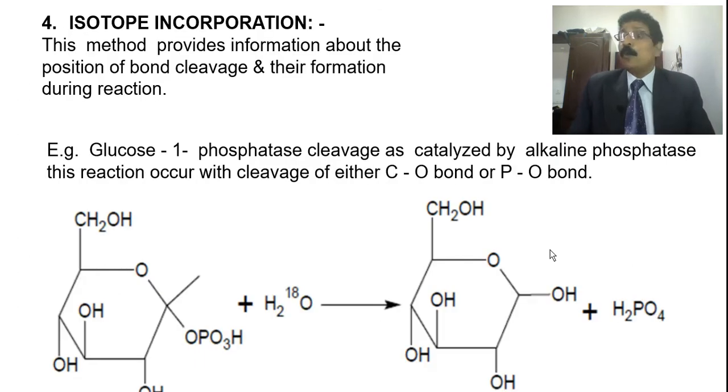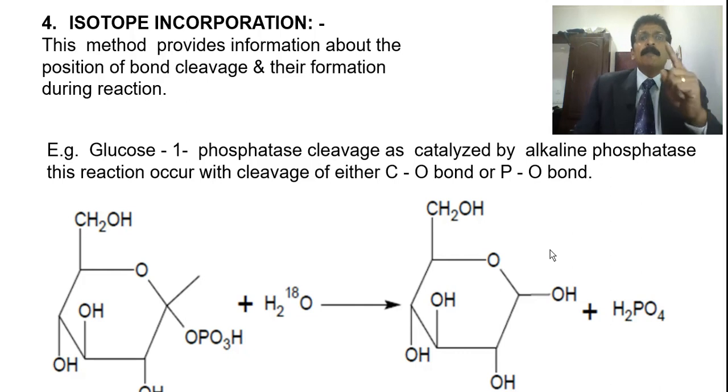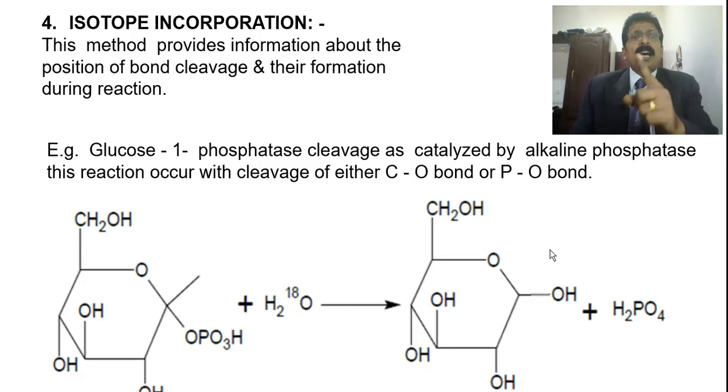Now, the isotope incorporation technique in tracer technique. This method provides information about the position of bond cleavage and formation during a reaction. Example, glucose 1-phosphate cleavage as catalyzed by alkaline phosphatase.